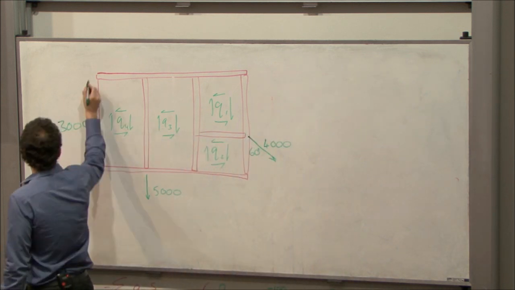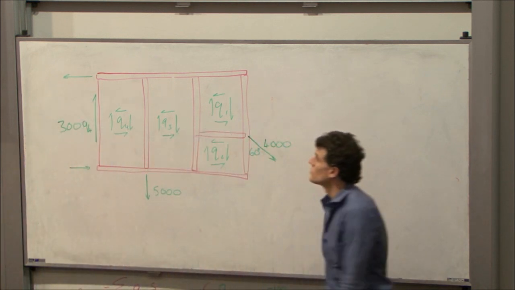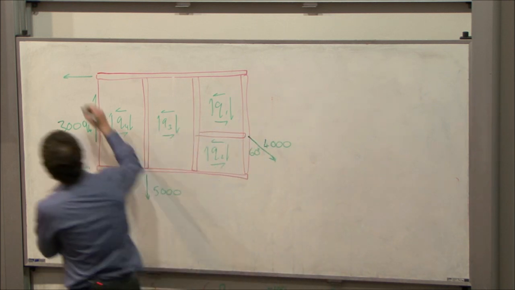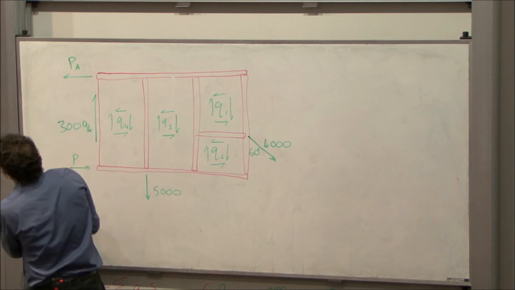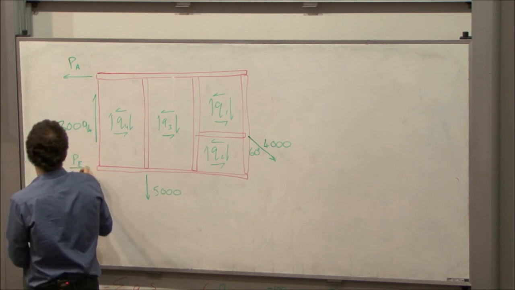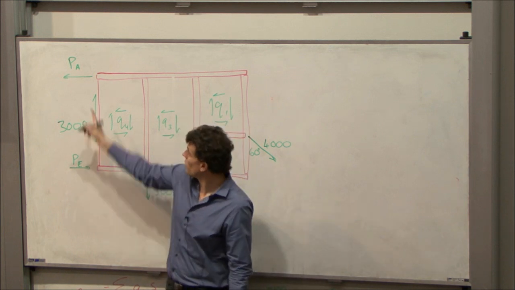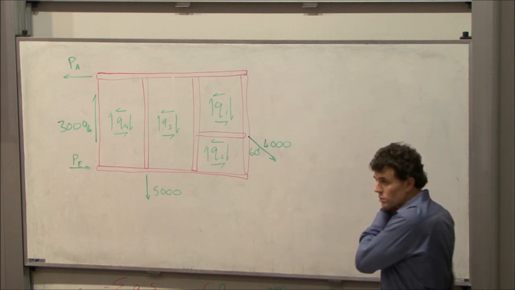So we've got some direct forces in our flanges. I'll call these PA and PE, just to denote where they are on the section.